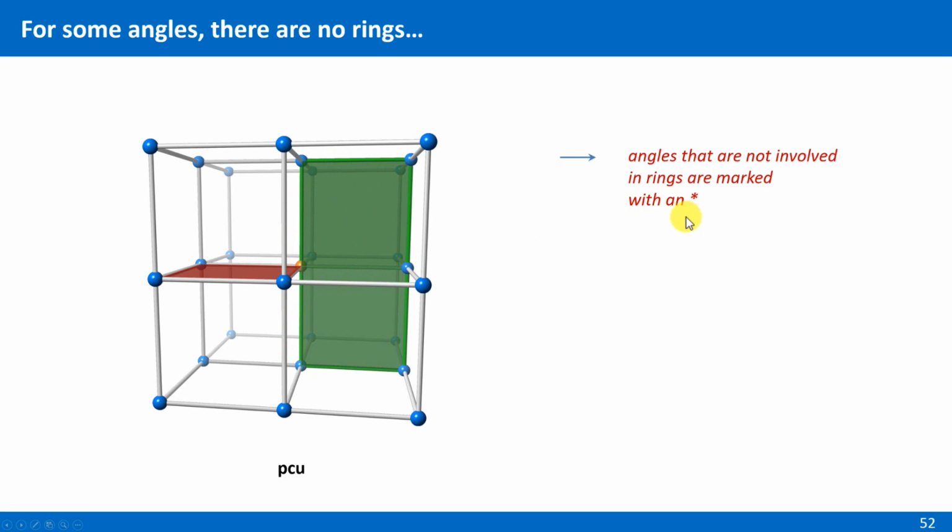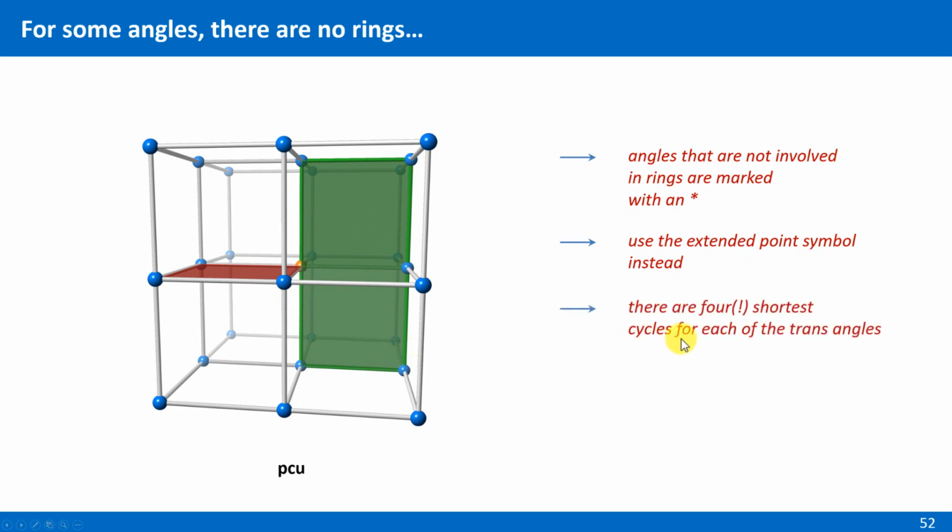If this is the case, one can specify the point symbol instead, or even better, the so-called extended point symbol. Here, not only the one shortest cycle is specified, but also how many there are, how often they occur. So for this trans angle, we can go also along this shortest cycle, and also along this path, and also along that path.